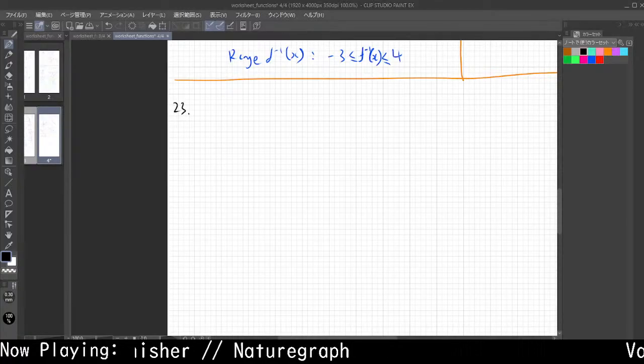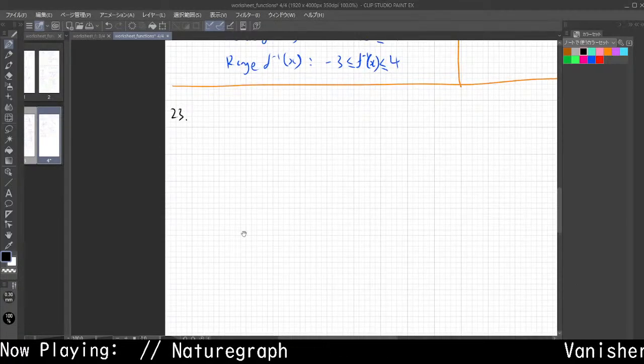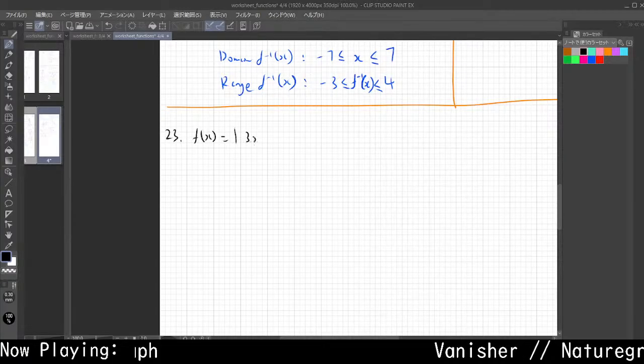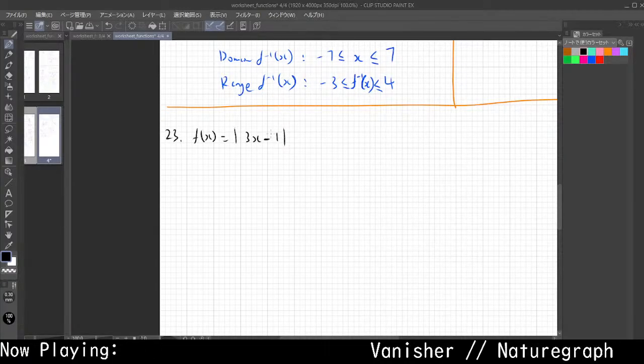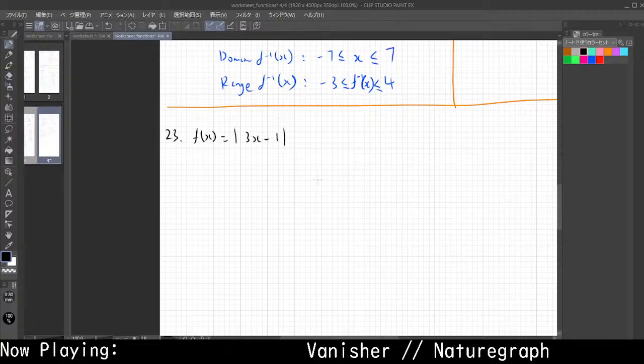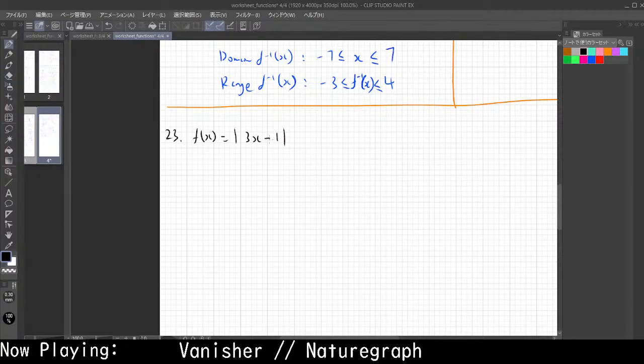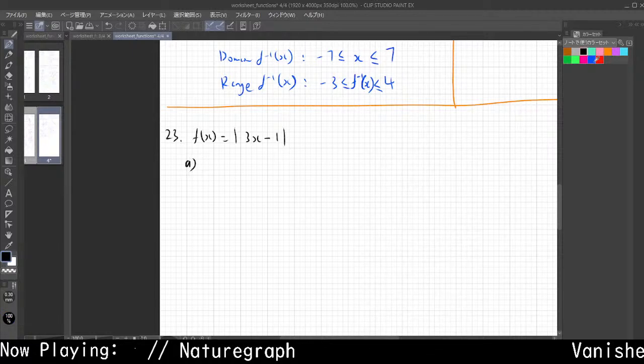Okay, continue. Given the function f(x) equals the absolute value of 3x minus 1, first find the x and y intercepts.